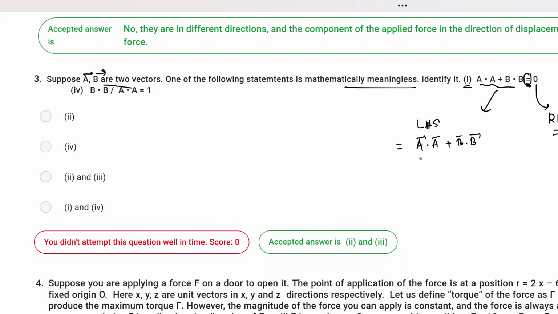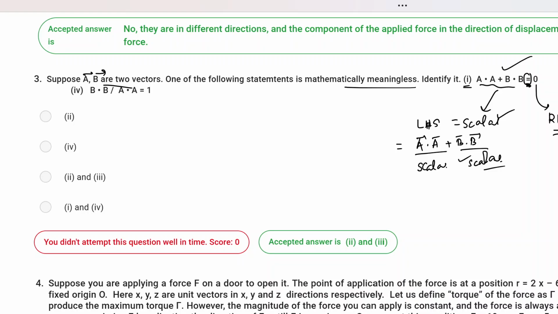So this is a scalar individually and this is a scalar individually. When you add two scalars, you also get a scalar, because you add two values, you get a value, no direction, right? So you have satisfied your first condition, that two scalars on the left hand side give you a scalar on the LHS and the right hand side is also a scalar. So mathematically it is meaningful.